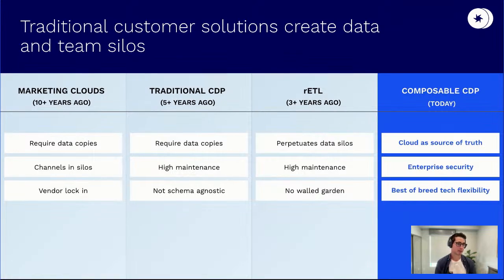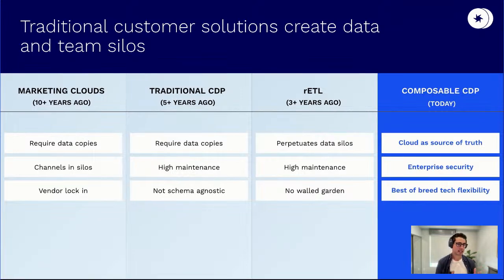A lot of folks might be on Google Cloud, AWS, or Azure, the big three. We sit on and integrate directly with the data warehouse that your data teams or other technical teams are investing in and building, putting your customer data into. We help unlock access to that data warehouse.